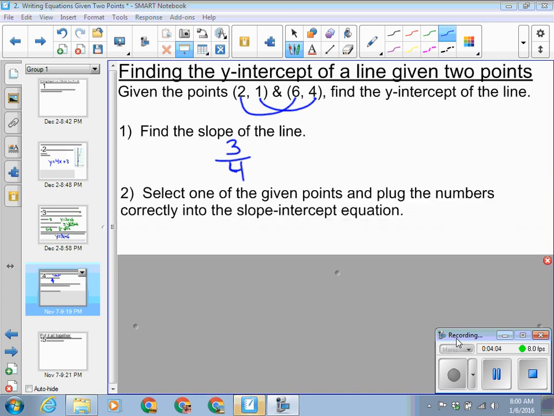Now, it's our choice. We can choose either of the given points and plug in those x and y values to find our y-intercept. I'll do both for you so you can see it doesn't really matter which you use. Let's start with 2, 1. So y is 1, and x is 2.